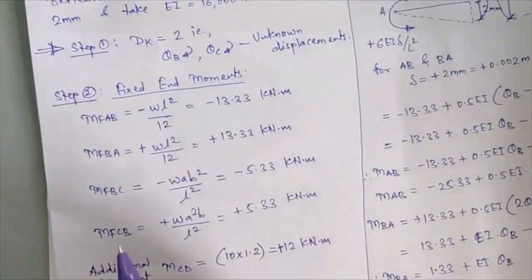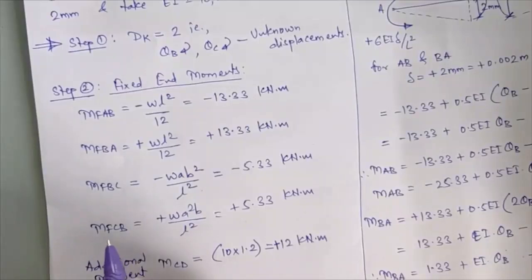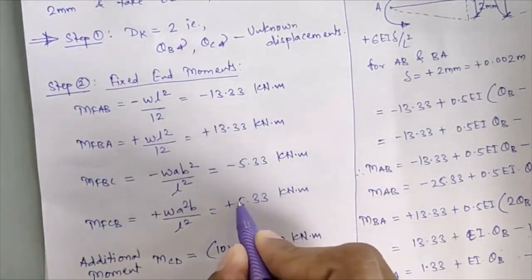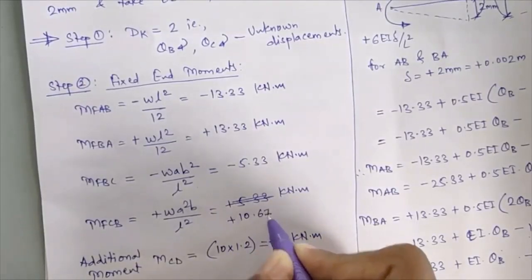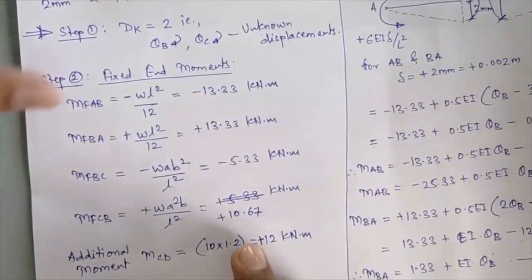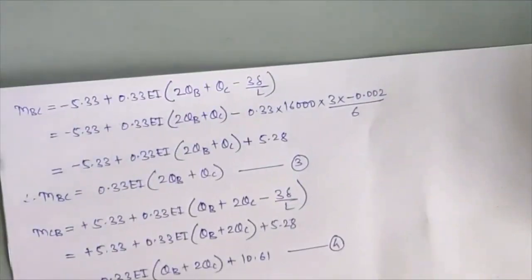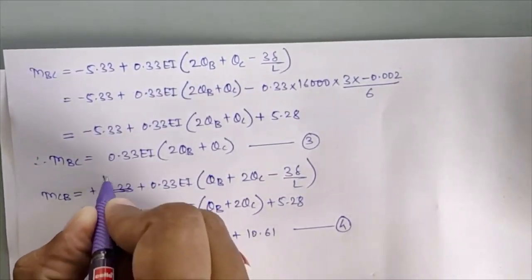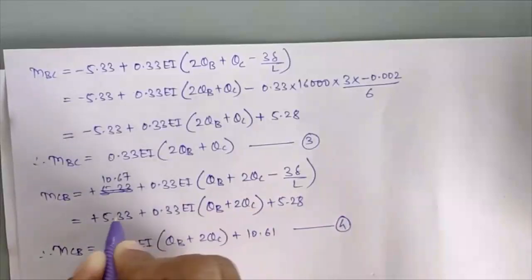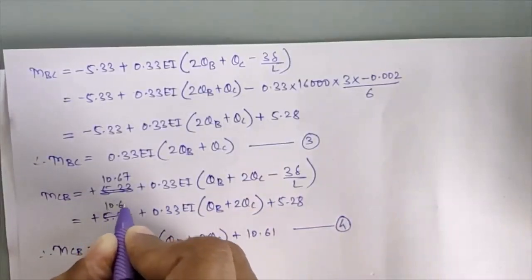Sorry, here there is a correction. Whatever value we have calculated for fixed end moment MFCB, instead of this 5.33, this value comes plus 10.67. So in substitution in the slope deflection equation for CB, instead of 5.33 that comes 10.67, here also that comes 10.67.